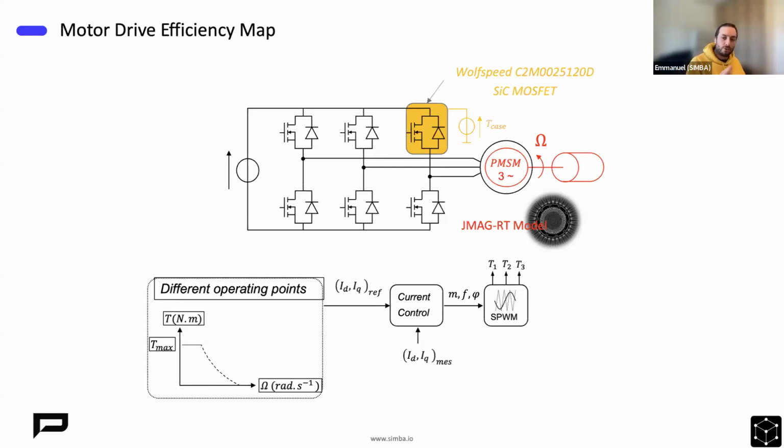So in order to have a very good overview of the quality of your motor drive, you want to evaluate this on multiple operating points. One way to do this is to build a map where you have the torque as one axis, the speed as another axis, and the actual efficiency of your drive plotted.